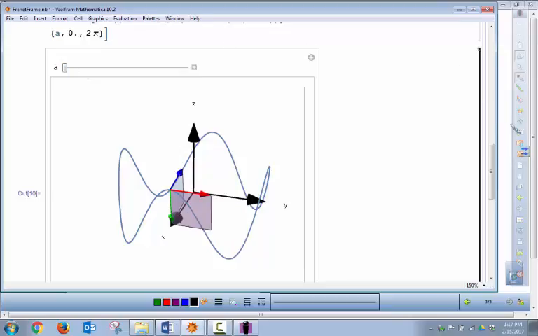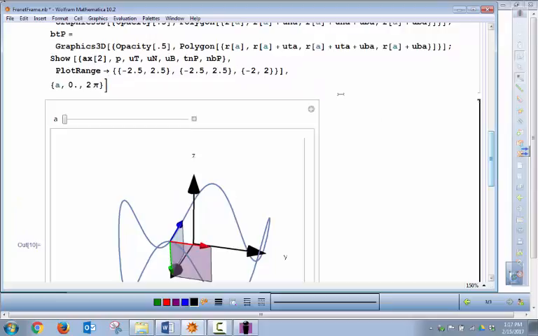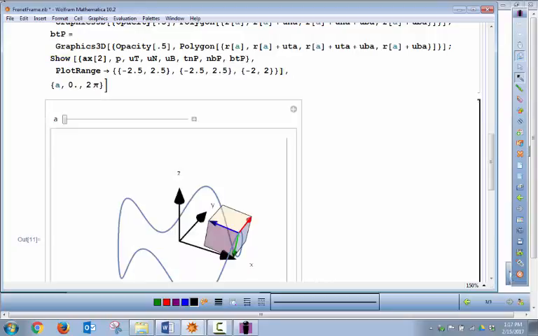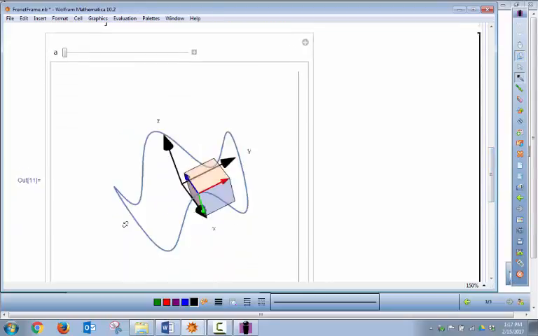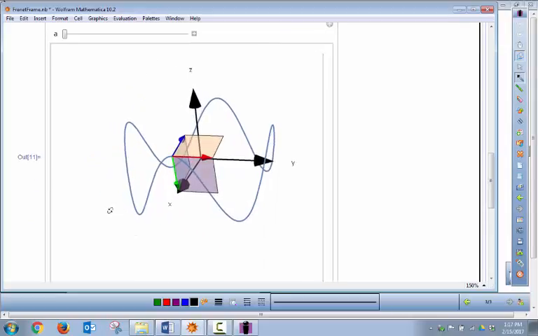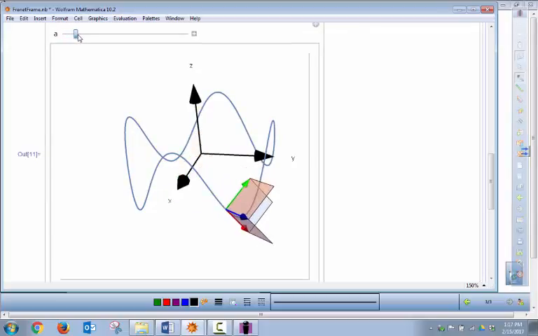And then the last plane is just that third plane, which makes that three-dimensional space as you're moving around.